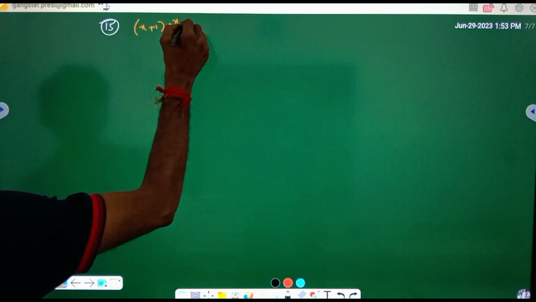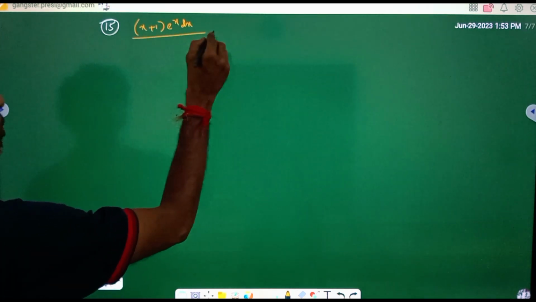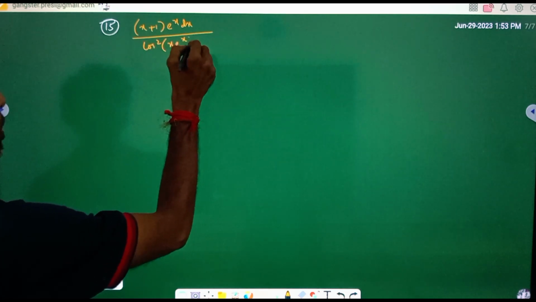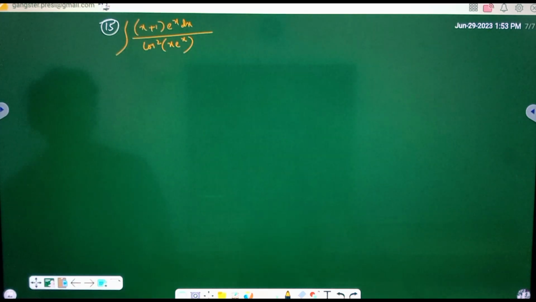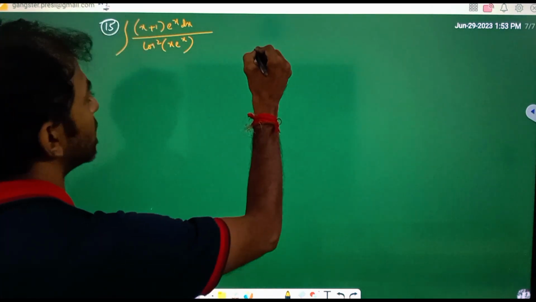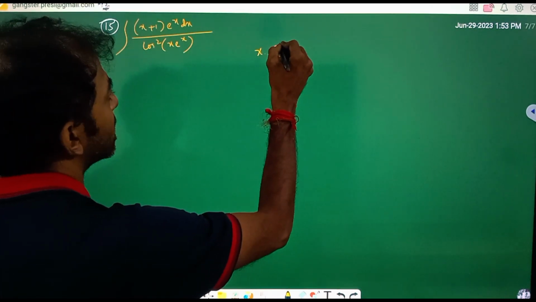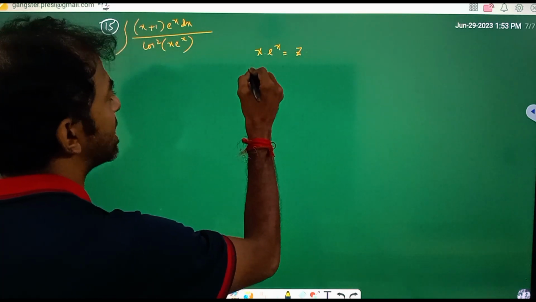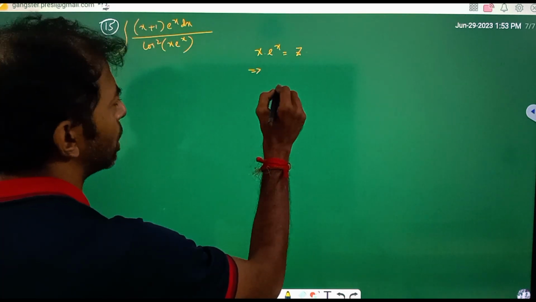a very interesting problem. Integration of (x plus 1) e to the power x dx, total by cos square of x e to the power x dx. Sorry, x e to the power x. What will be the substitution here? x e to the power x, that's going to be substituted by z or t or u, whatever.